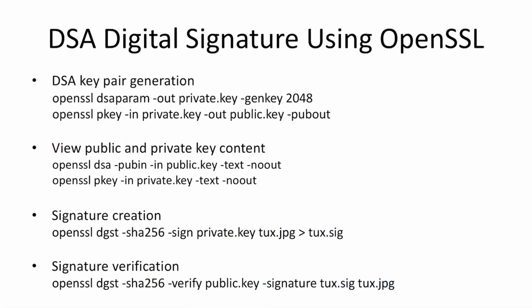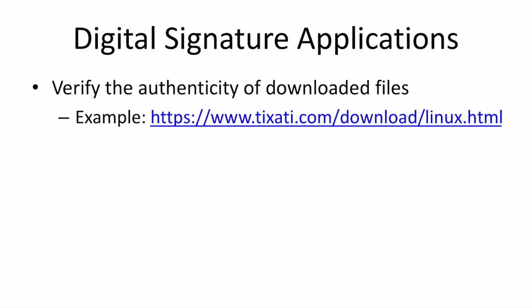OpenSSL supports the creation and verification of digital signature algorithm-based digital signatures on text and files. So this slide shows the commands needed to create a DSA key pair to be used for DSA signature creation and verification, as well as the commands needed to create the digital signature and the commands needed to verify the digital signature.